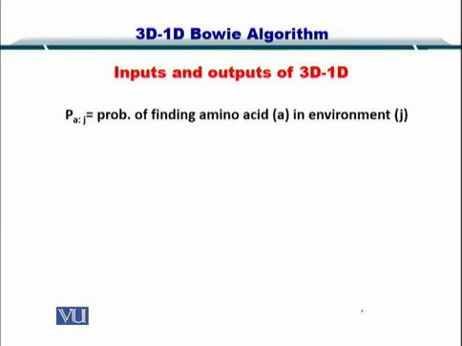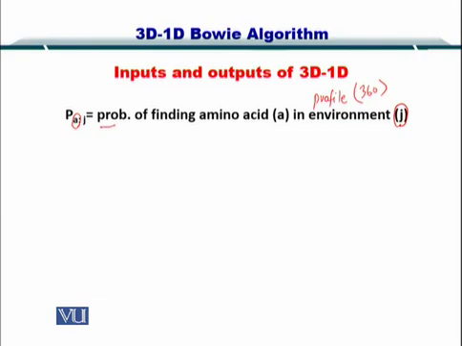Next, you calculate the probability of an amino acid A occurring in an environment J. The profiles are also known as the environments. So in all, you had 360 different profiles for 20 amino acids and 18 different profiles per amino acid.